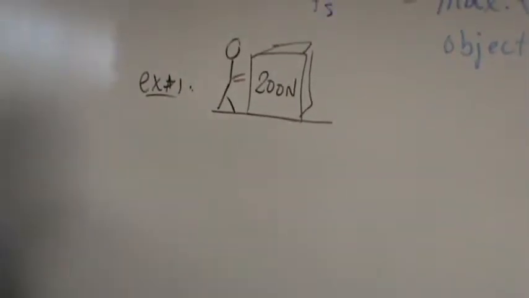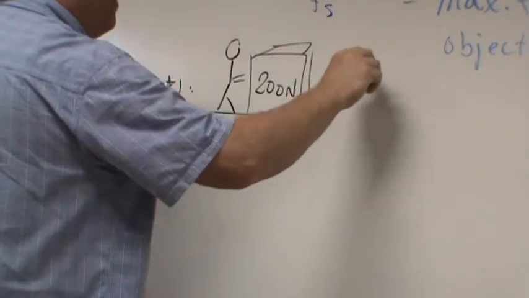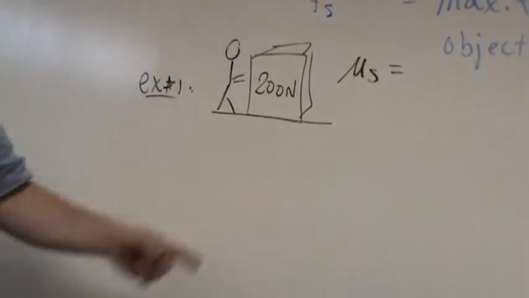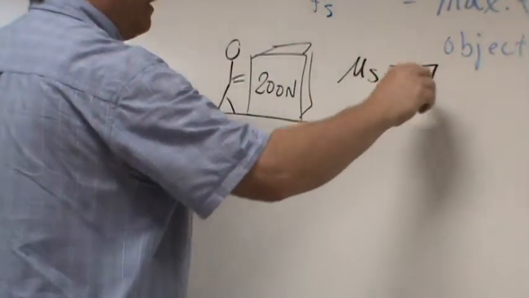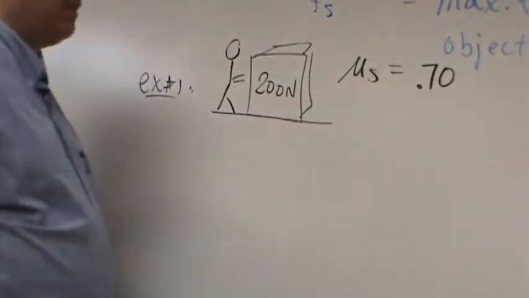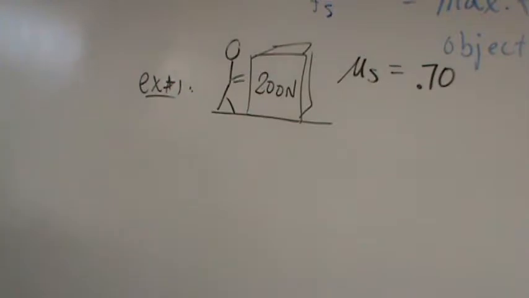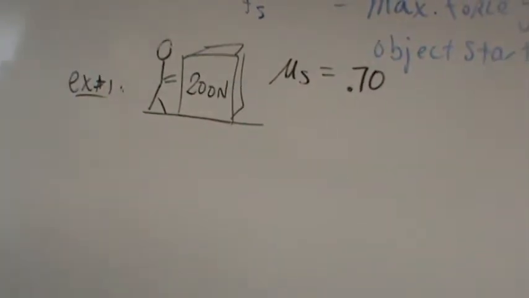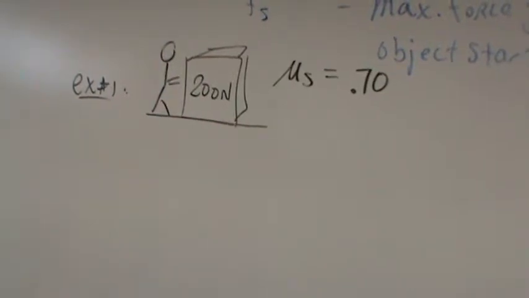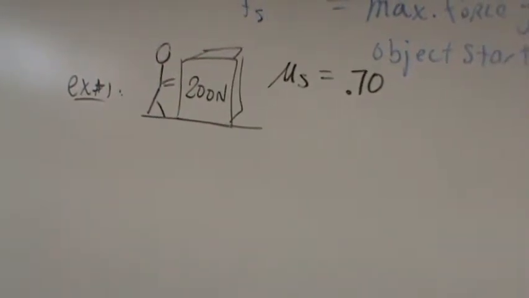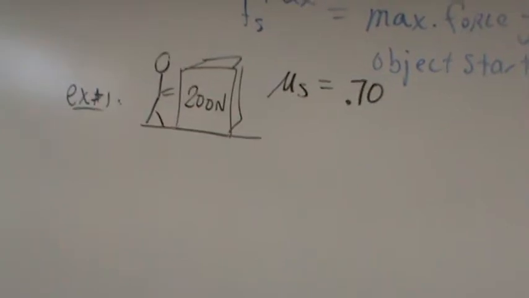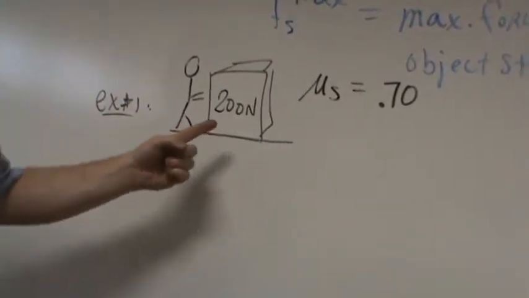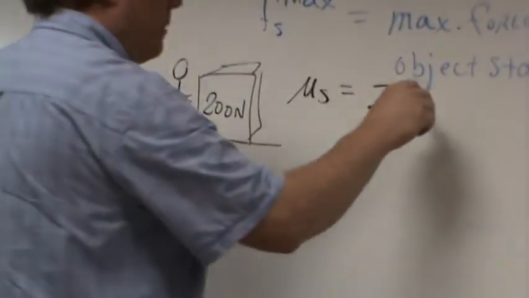And it turns out that the coefficient of static friction between this box and the floor is equal to 0.70.